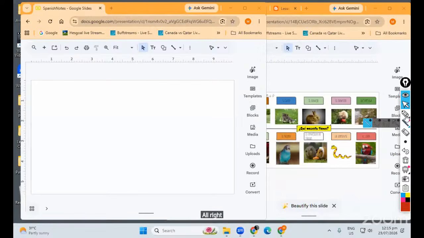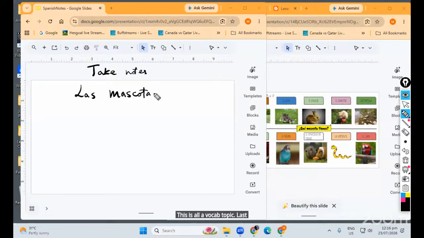All right, so let's go, las mascotas, right? And so we're taking notes again, right? This is our little vocab topic, las mascotas, pets. We use the article when we're referring to the thing in general.